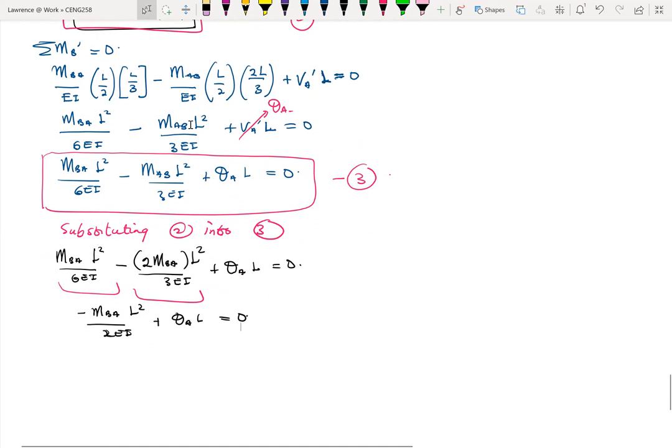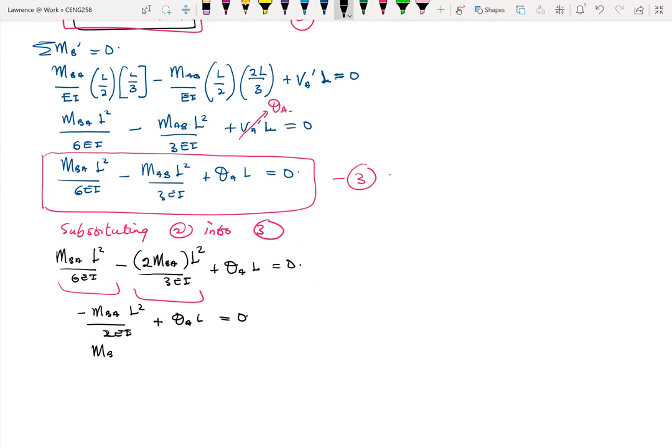So if you are to make MBA the subject, then our MBA will be equal to this. You go to the opposite of the equal sign. Let me just do the steps for us.